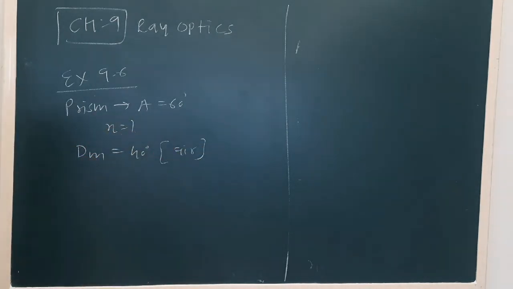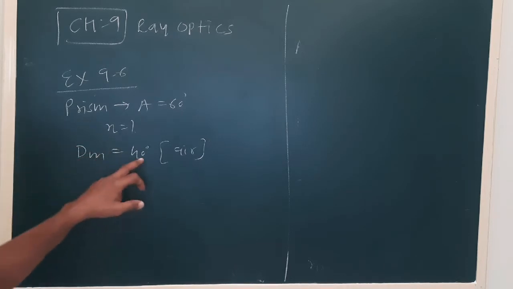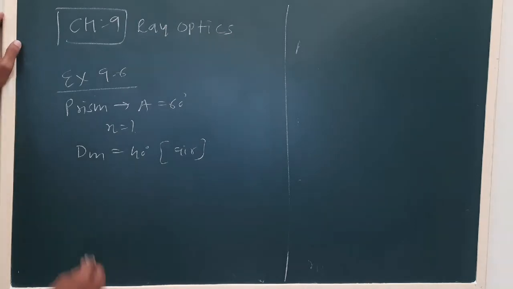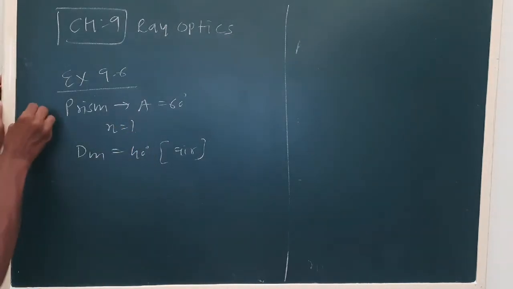The prism with A equal to 60, refractive index we do not know, but the angle of minimum deviation for a given prism is 40 degrees. You have to calculate the refractive index. This is part A of the question.